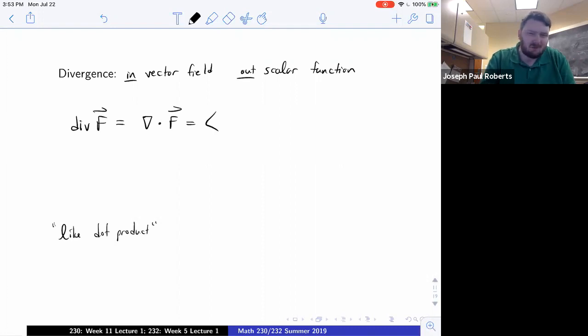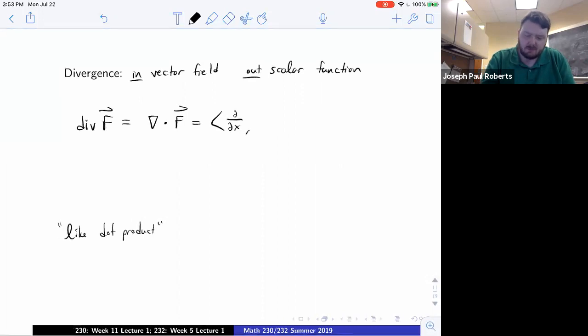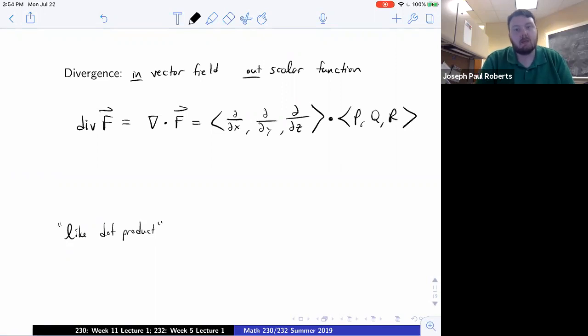So again, it's not really a dot product because taking a derivative is not really multiplying numbers together. But this is a slightly abusive notation, though a nice handy way of remembering what this formula should be. So you do the del operator dot P, Q, R, and you get the scalar function P_x plus Q_y plus R_z.